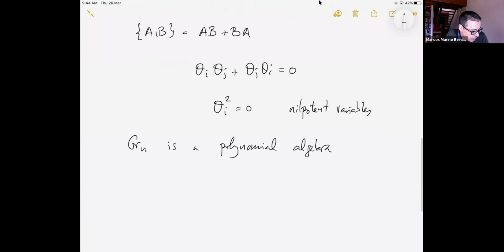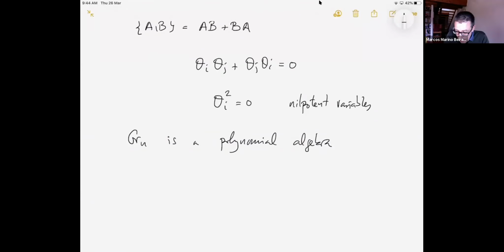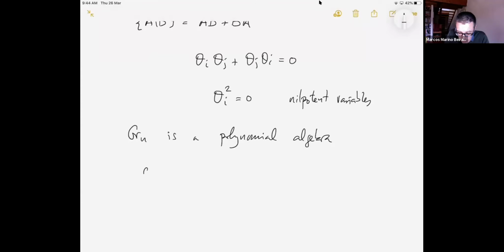Okay. So essentially, any element in the algebra, which I'm going to call f of theta, and I think about theta as a vector of n variables, is going to be a sum of variables like this.